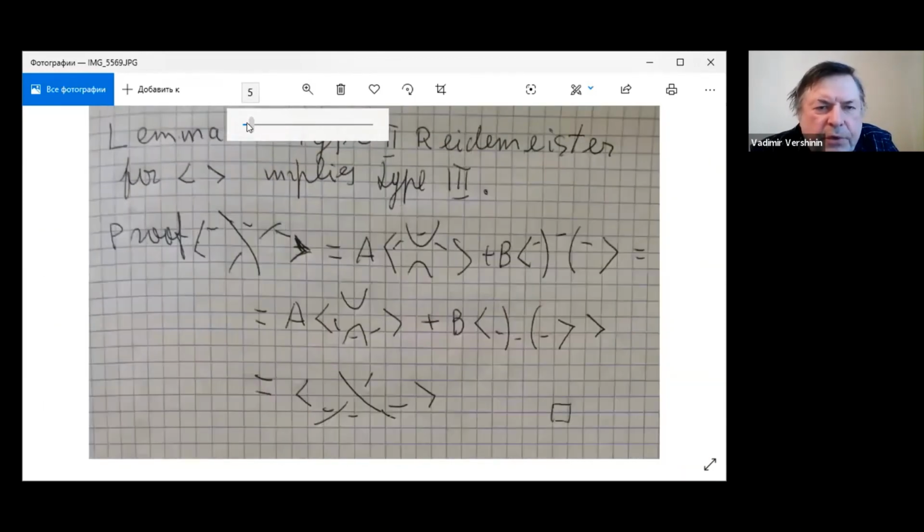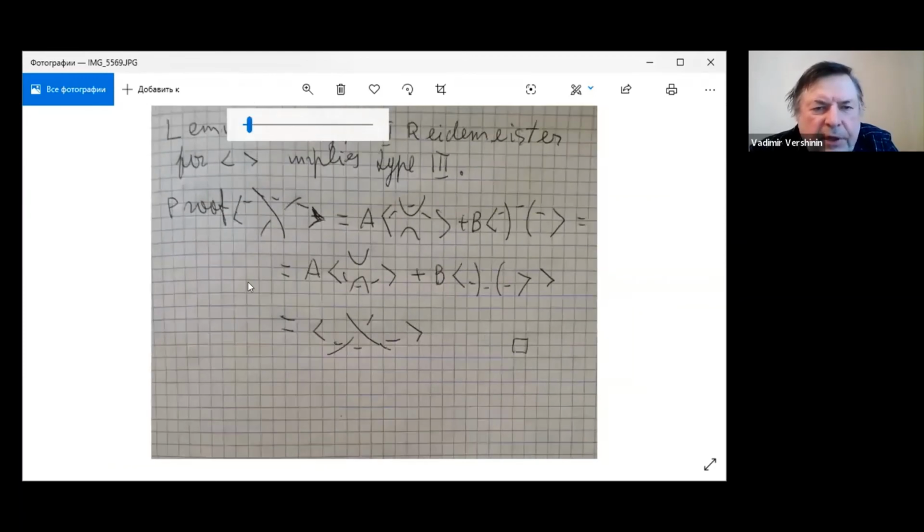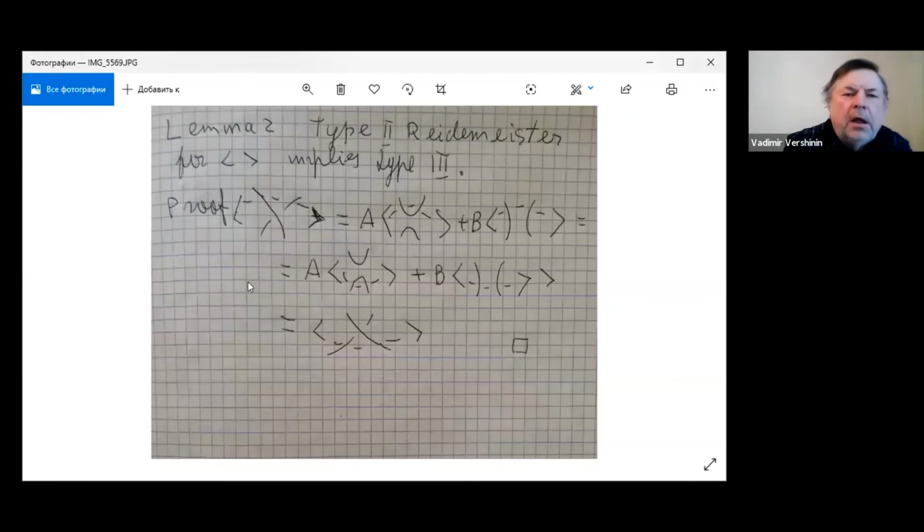If these two conditions are satisfied, Reidemeister 3 is satisfied automatically. So the lemma is the following: type 2 Reidemeister invariance for the Kauffman bracket implies invariance under type 3. So the proof is also elementary.